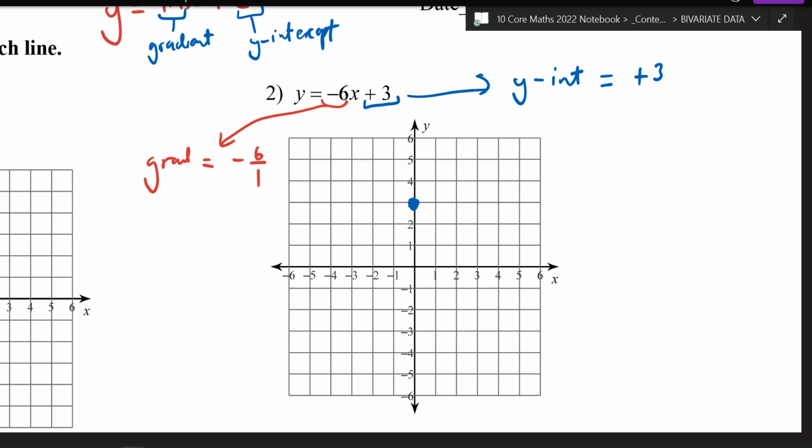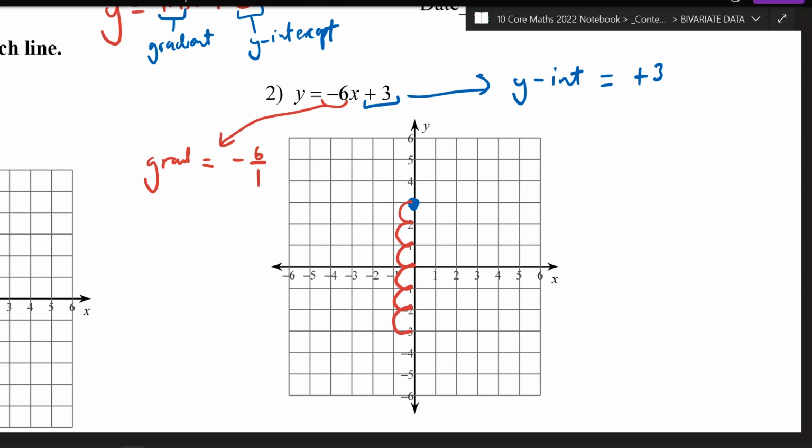Now we look at the gradient, because remember, you only need to do 2 dots to draw a straight line. The gradient will tell you where the next dot is going to be. It is -6 for the rise. So that means instead of going up, we're going to go downwards because it's a negative. So from the y-intercept, you're going to count 6 spaces down. 1, 2, 3, 4, 5, 6. Okay?